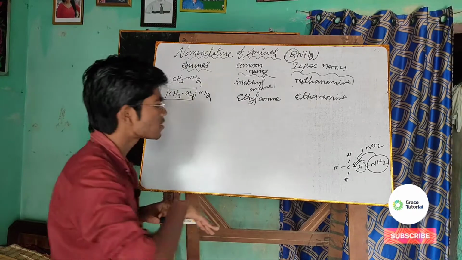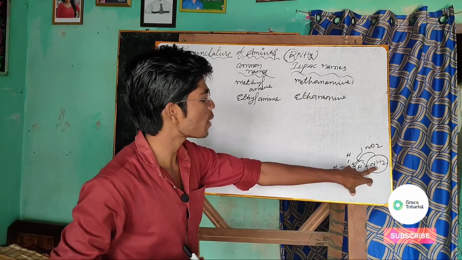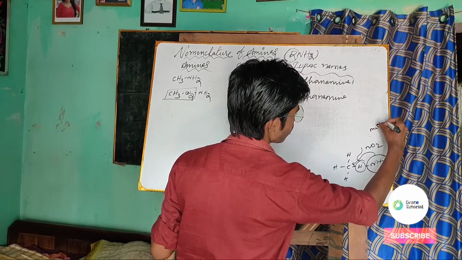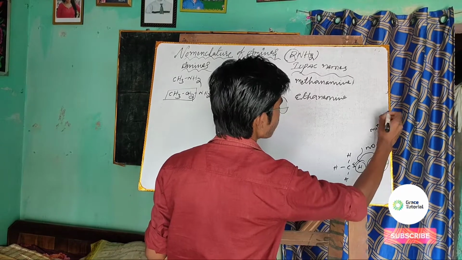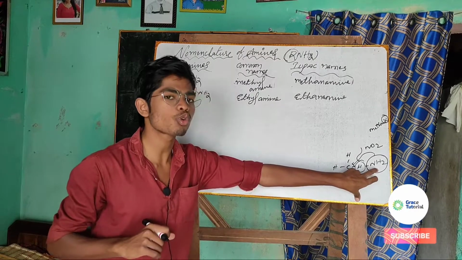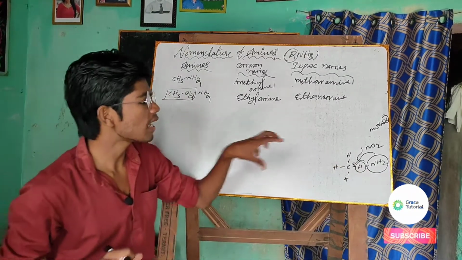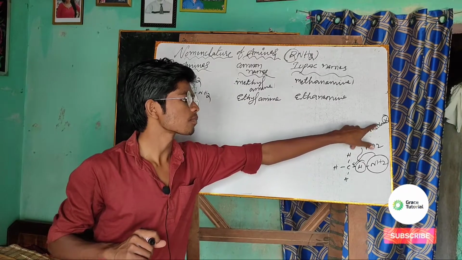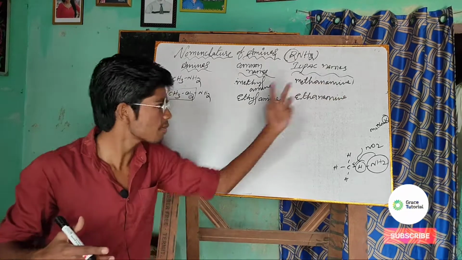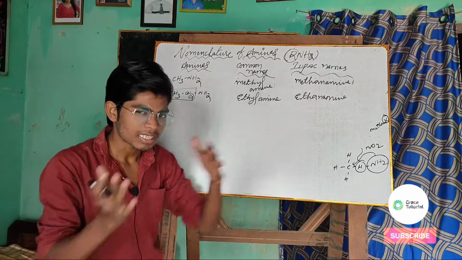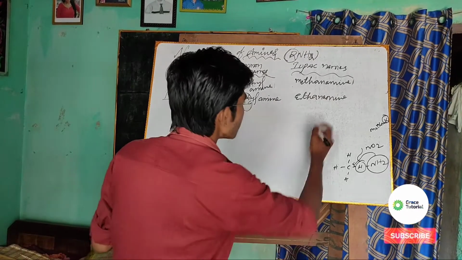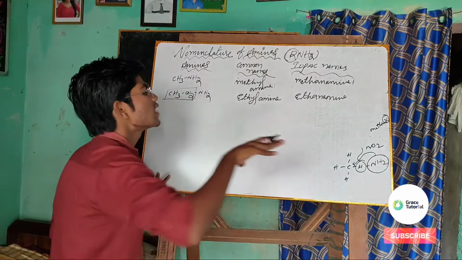So what generally happens here: as the hydrogen atom is replaced by the amine group, in methane the last letter E will be replaced by the amine. Similarly here, in the word ethane, the last letter E has been replaced by the amine. So what is the name of this compound? Ethanamine.